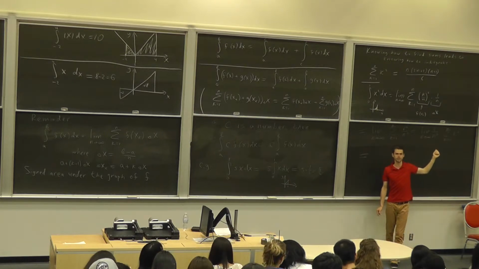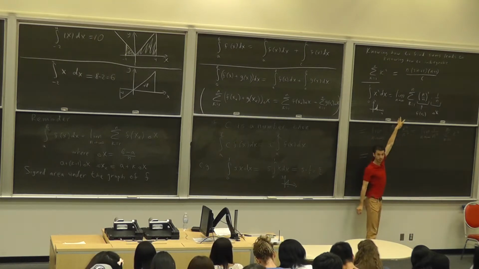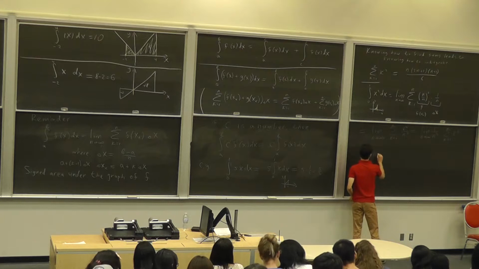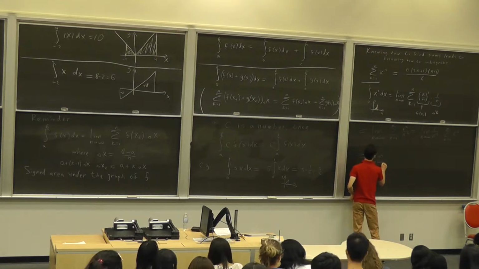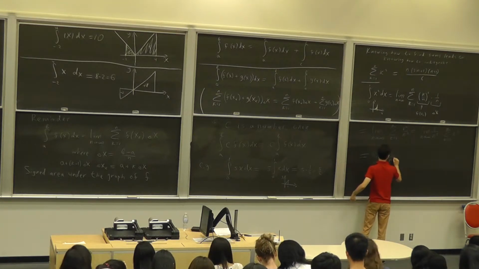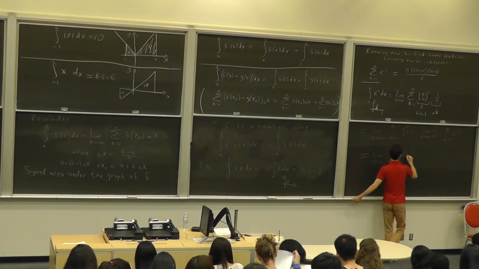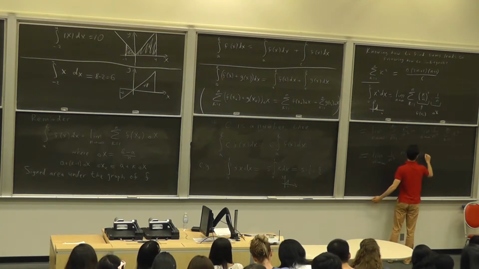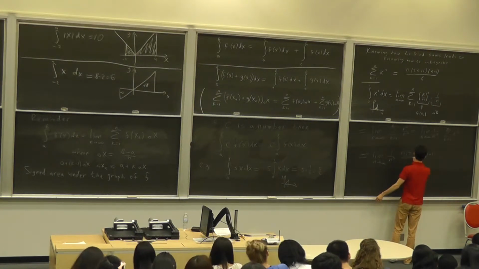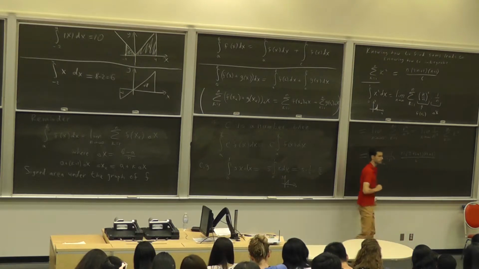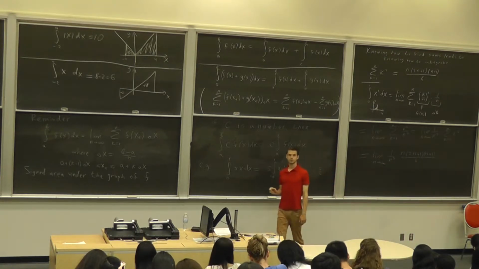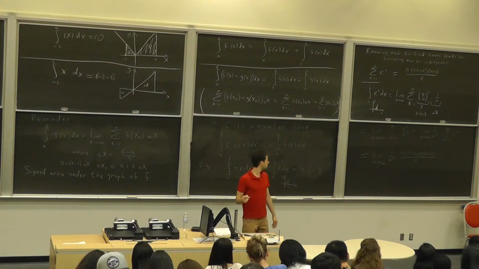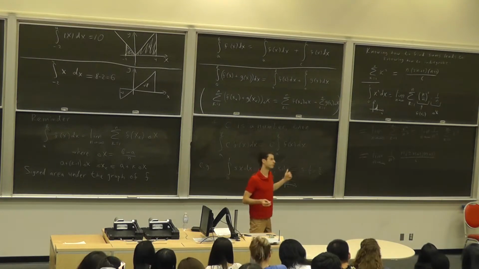So I just provide you with the answer: n times n plus 1 times 2n plus 1, divided by 6. And finally, the limit.